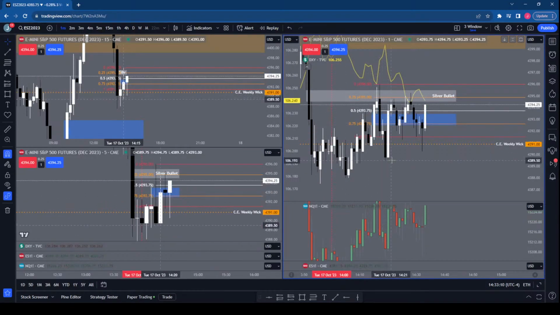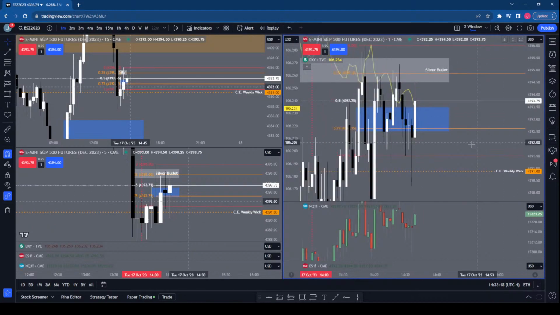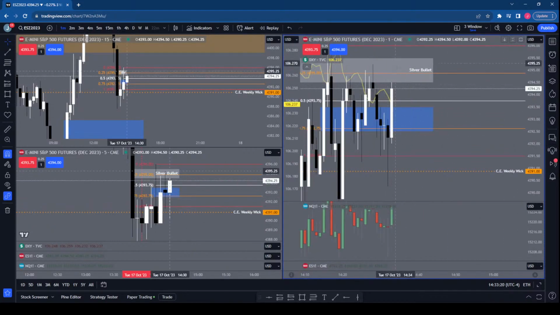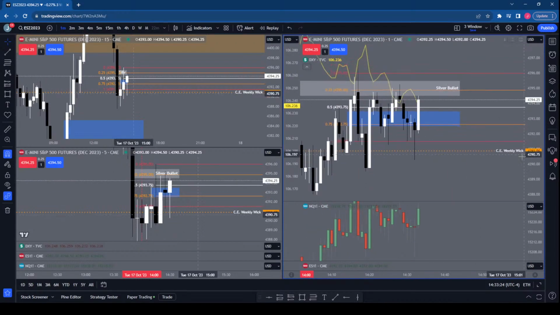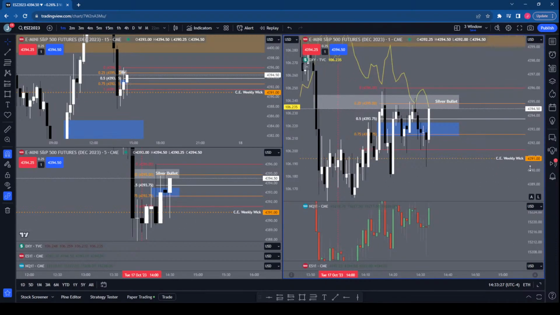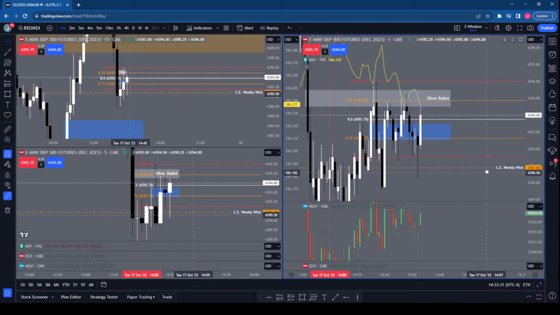We just didn't get filled. Yeah, now look at this. What is this? It closes below the fair value gap, but now wants to run up higher.